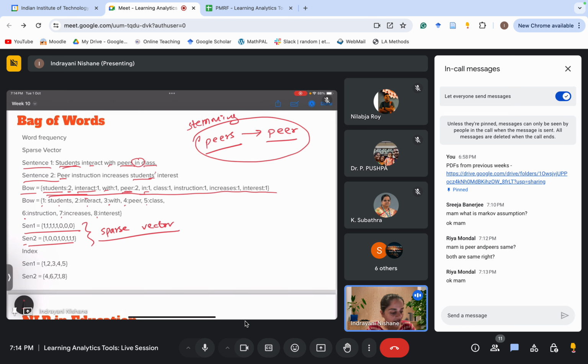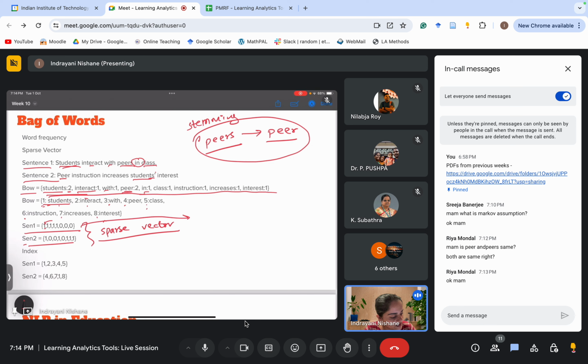So now the sentence and index follow the sequence in which we have made the list, or bag, of the words. We have bagged all the words together. Now based on this, how will we form the sentence? In the first sentence, the first word has occurred, so we will convert this.